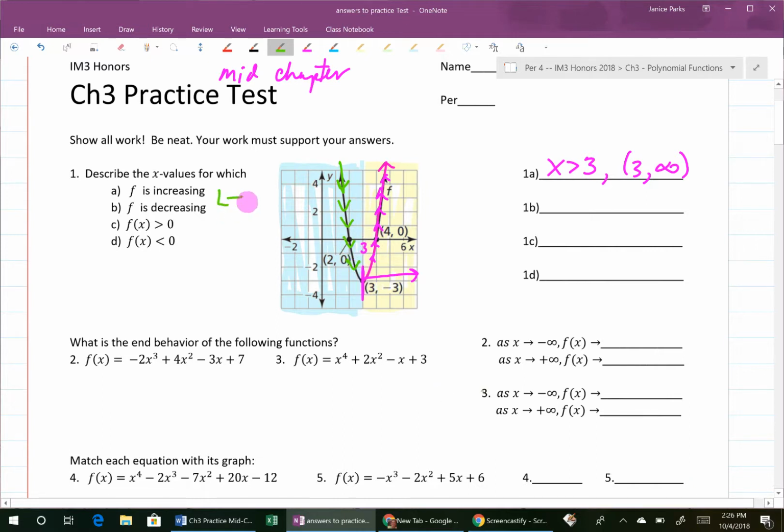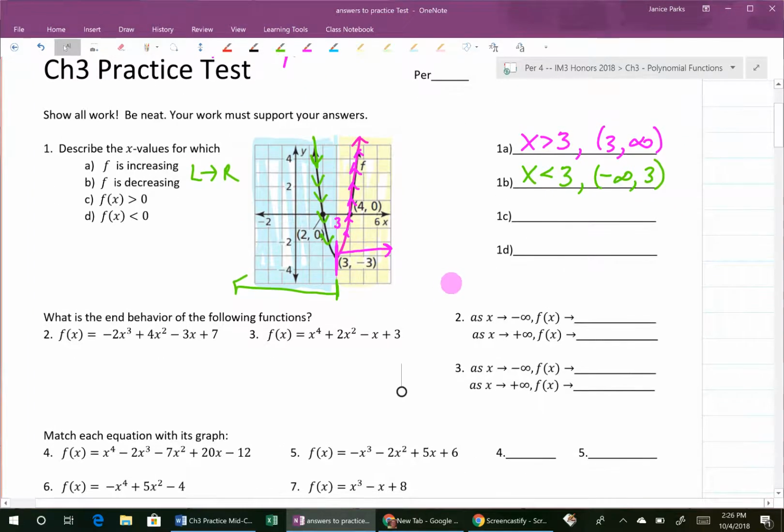So it's decreasing where x is less than 3. In interval notation, you would say from negative infinity to 3. In interval notation, you always have to write the smallest number first, so you wouldn't write from 3 to negative infinity. You have to write from negative infinity to 3.